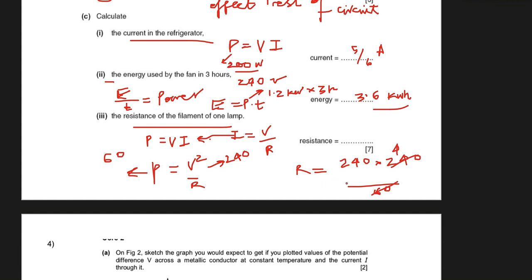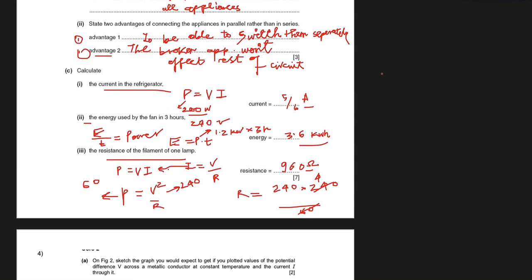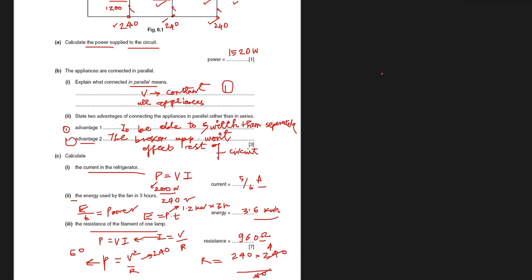So 240 into 4 is 200 into 4, which is 800, plus 40 into 4, which is 160, so 960 ohms. This is how it will work out. Remember to write the units in these kinds of questions, and if you solve like this, you will fetch full marks in this question.